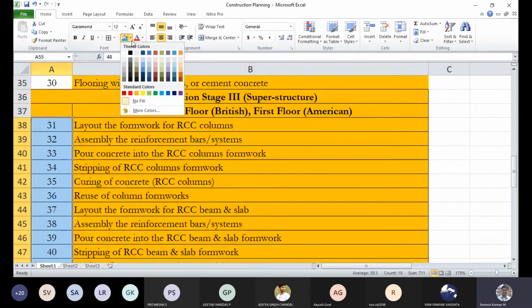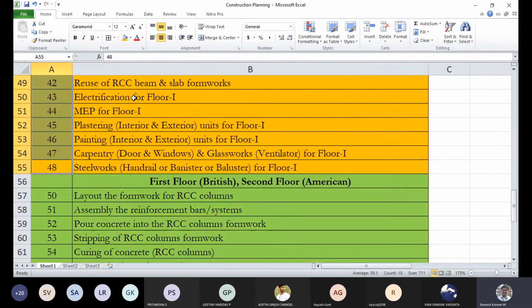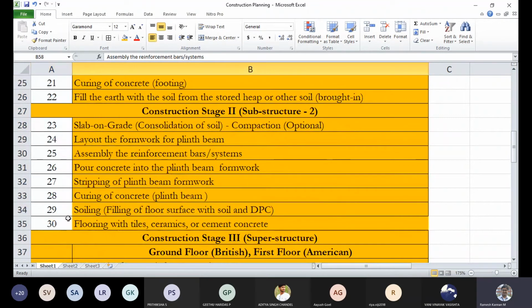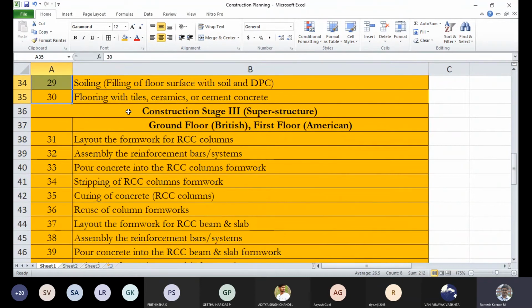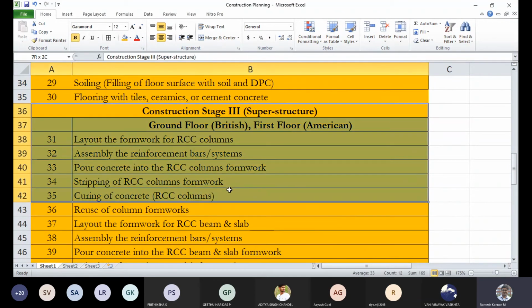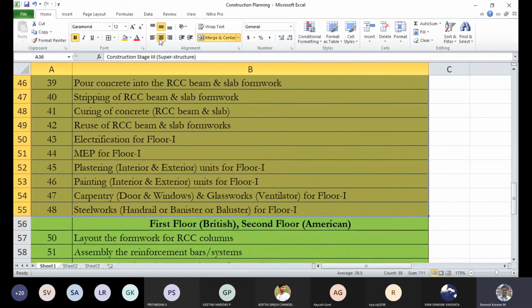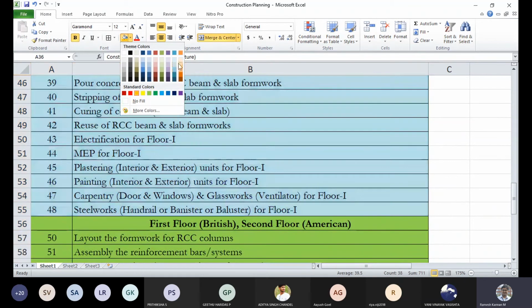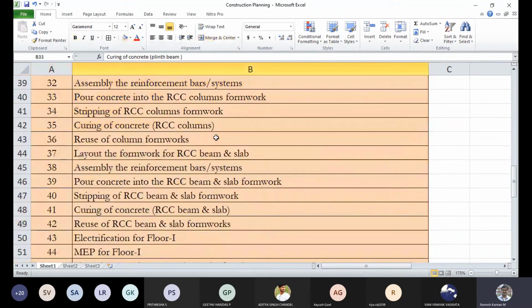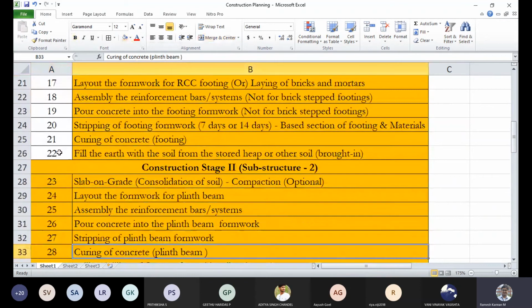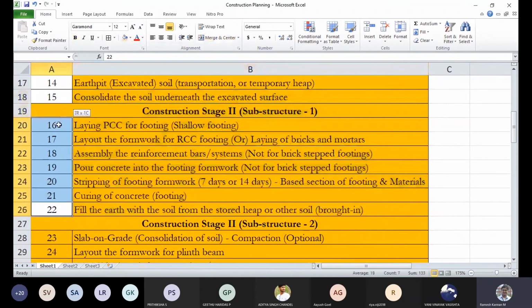Even though I just said I'll give it in random, I just wanted to keep everything. I think I can change the color for this ground story. Superstructure, then probably this can go together, orange color.